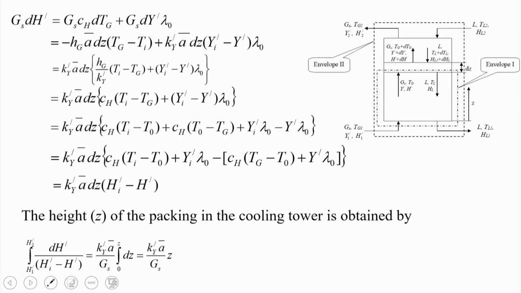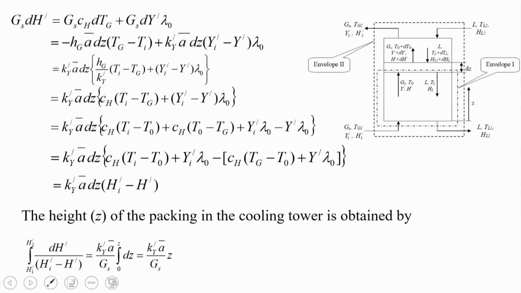Integrating this from H_1' to H_2', or we can say from the bottom of the tower to the top of the tower, we will be getting k_y' ā by G_s into the integration of dz, that is from 0 to Z. We have taken this differential height as dz, so whenever we integrate across the entire tower, we get this integration.